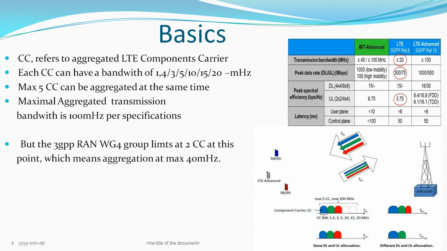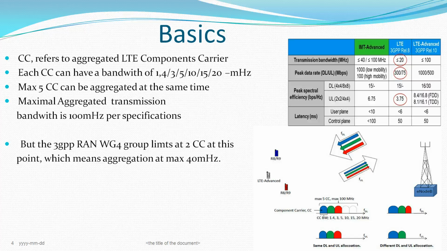So let's summarize some technical basics when you talk about CA technology. There is something called a component carrier, or CC, or LTE component carrier. Each of these component carriers can have a bandwidth of 1.4, 3, 5, 10, 15 or 20 megahertz.